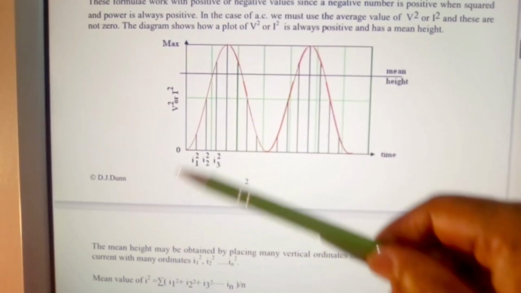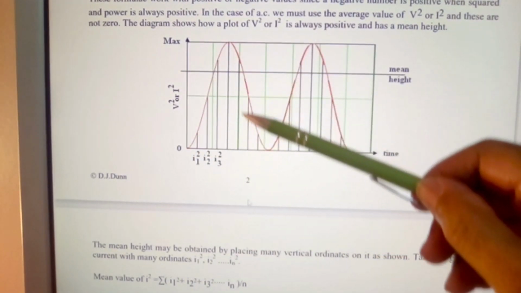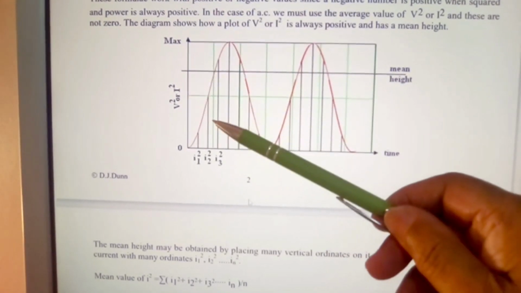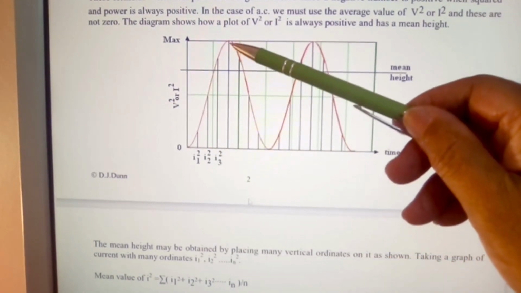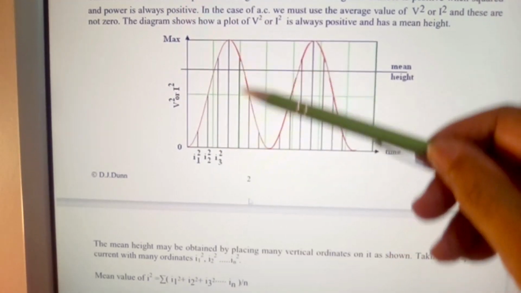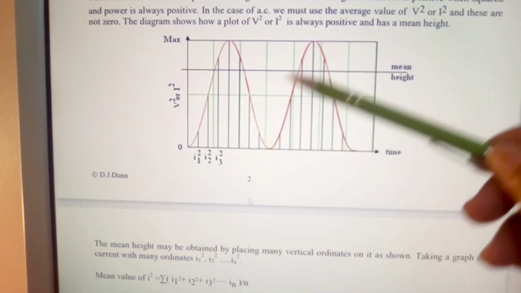So here you have your mean height, okay? Voltage rising and falling. But what we're looking at is we're trying to find the value of the maximum height. So what we've done, we've taken samples of each of these from the right positive part of the cycle, okay?